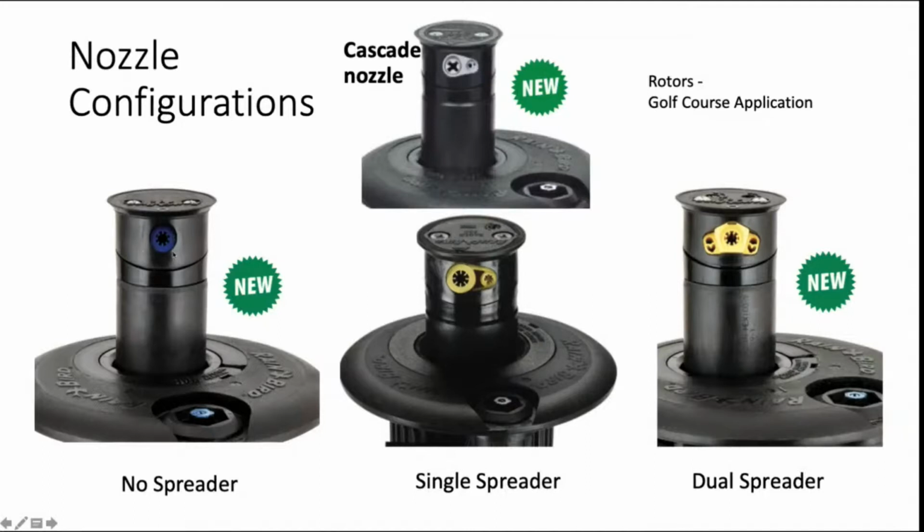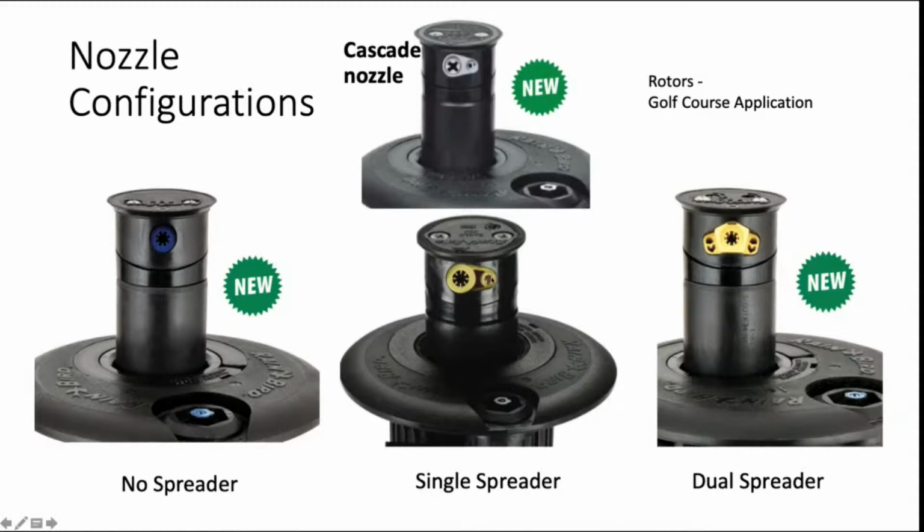It just has one nozzle like you would see in a landscape application with what we call a nose spreader. And you'll see in the next slide what I mean by a spreader nozzle. This is a spreader nozzle here. You see the primary nozzle and a smaller nozzle.